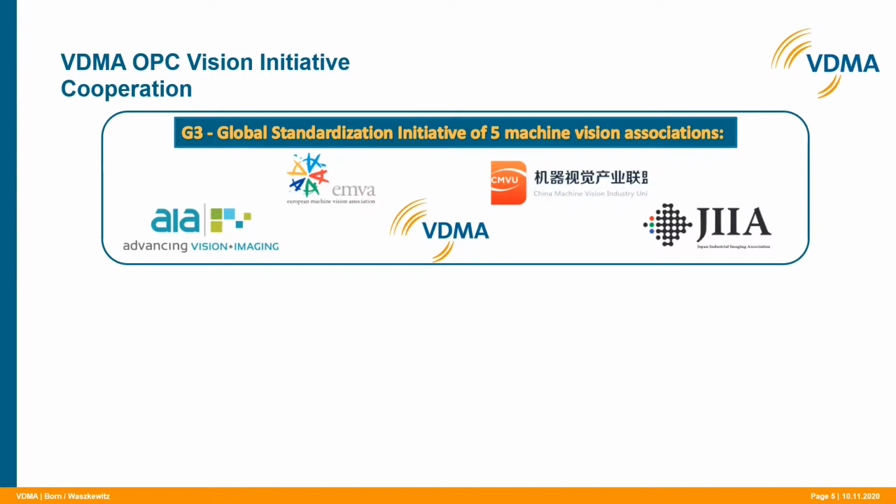Some words on organization. Standardization in machine vision is organized through the G3 agreement, originally concluded between the AIA, based in the USA, the European Machine Vision Association, and the Japan Industrial Imaging Association, later augmented by the VDMA and the China Machine Vision Industry Union. Its objective is to develop internationally accepted standards and avoid doubling and overlapping work.